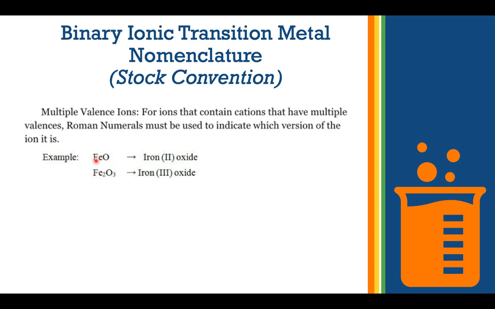But when you're trying to name transition metals, remember to look to the right-hand side, okay? We can't say mono iron. It's a transition metal, for one, okay? We always end in "ide," okay, but we're using Roman numerals instead.